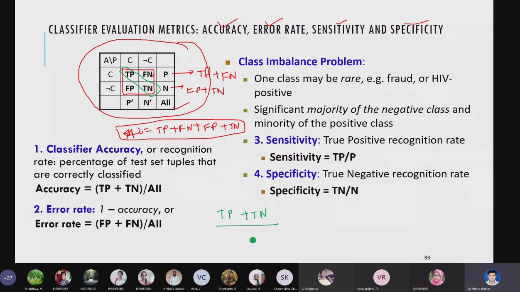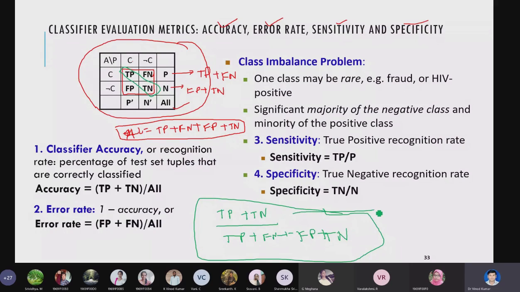Means you will put here everything: true positive plus false negative plus false positive plus true negative. If you calculate this numerical value, then you will get the accuracy. So my classifier is accurate in this way.